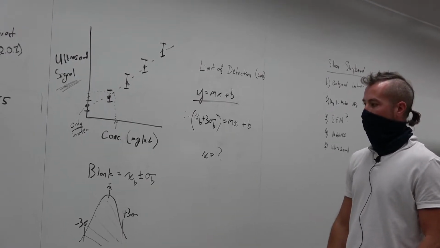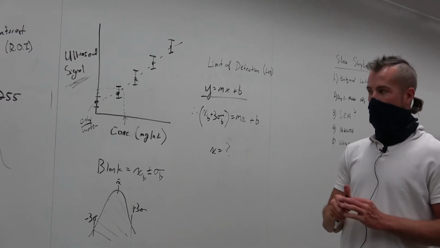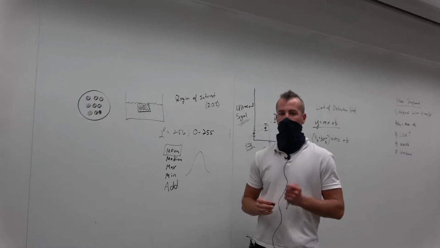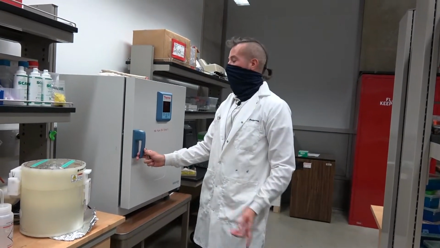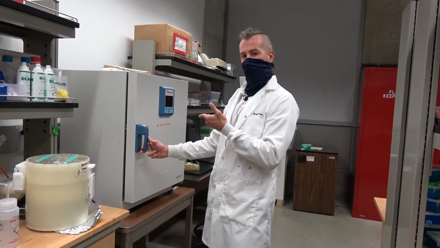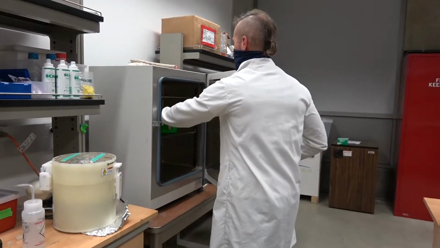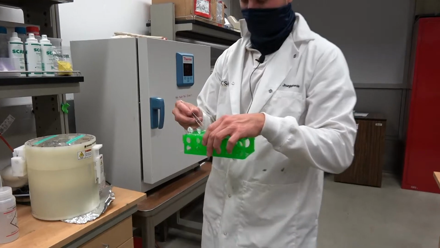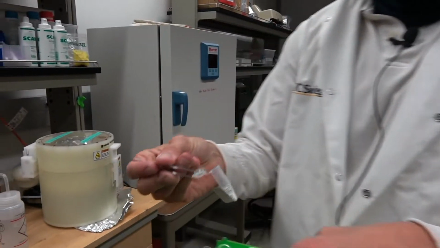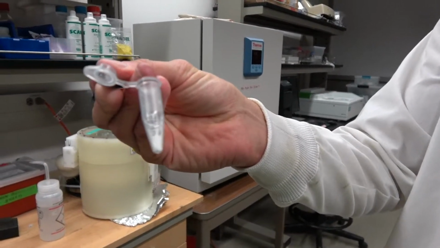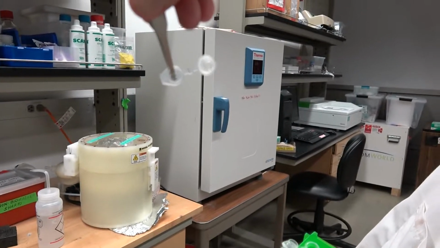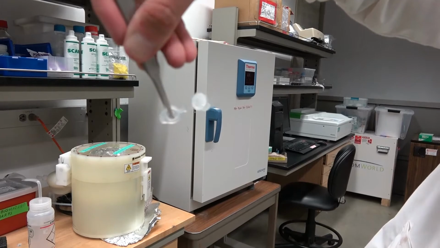Okay? So let's then transition over to actually making our sample to do the imaging. Okay, so remember how we put our particles in here to dry. I'm going to take them out, and lo and behold, they have dried. So hopefully you can see there are dried particles on the side, but all the liquid is gone now.